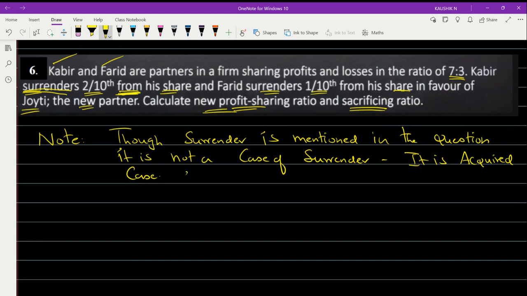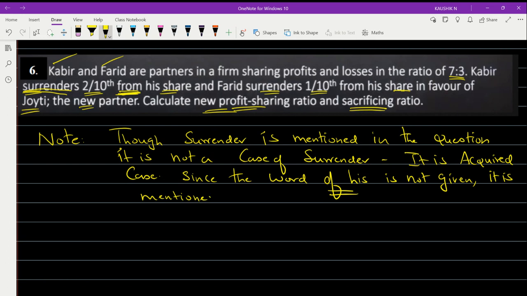The word "of his" is not given. It is mentioned as "from his", okay.